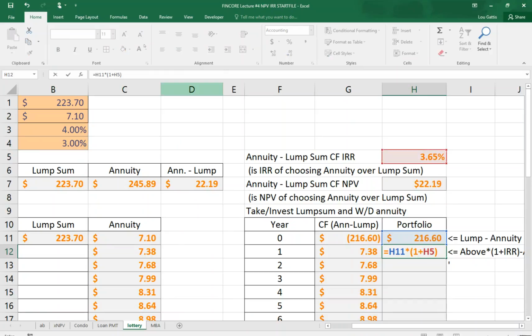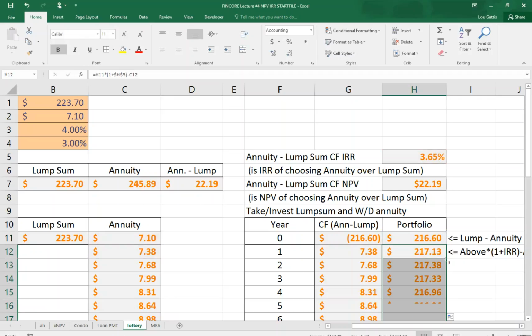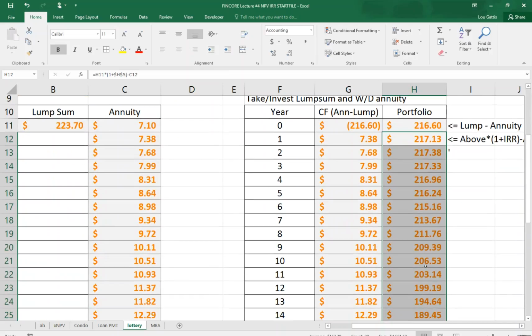Let me anchor that 3.65. That gives me 224 million. But then I withdraw my annuity. I withdraw my 7.38. So what I'm doing is I'm building my own annuity by taking the lump sum of 223 and withdrawing 7.10, then withdrawing 7.38. I can build my own annuity.